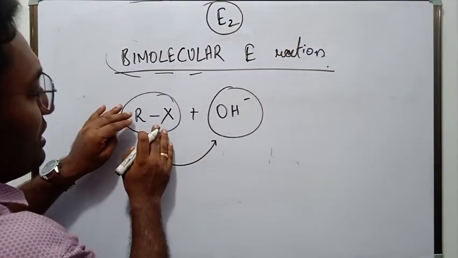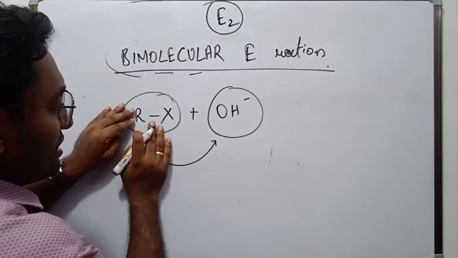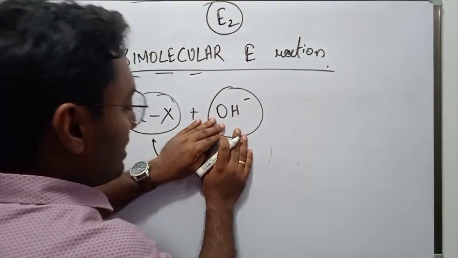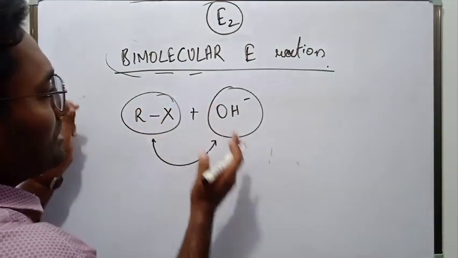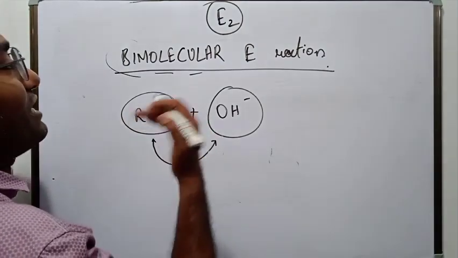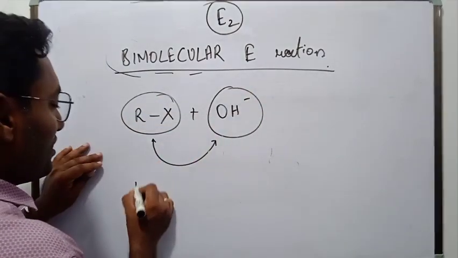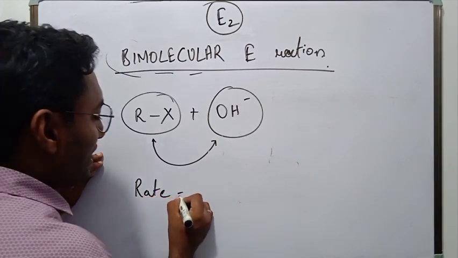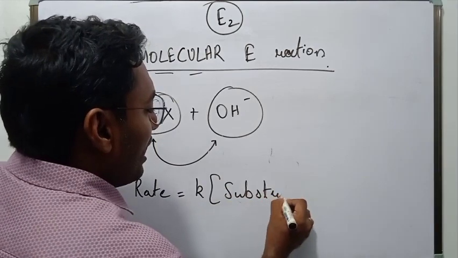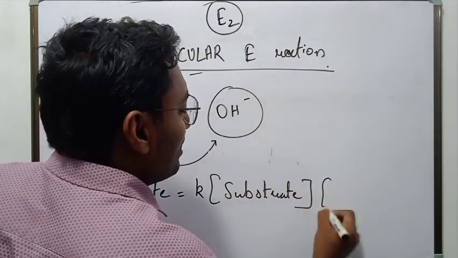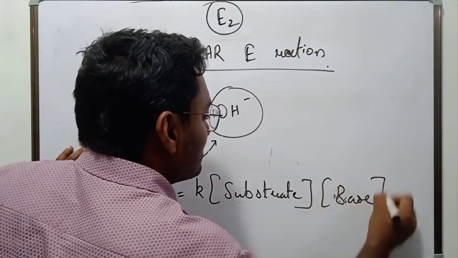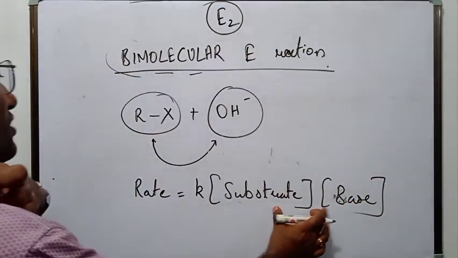So if you increase the concentration of the substrate, or the concentration of the base, the chances of such a collision increase, and that would increase the rate of the reaction. Therefore, in the E2 reaction, the rate depends upon the concentration of the substrate and the concentration of the base, because a collision is involved.